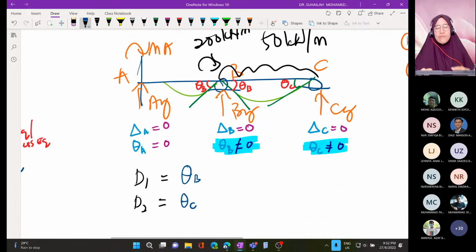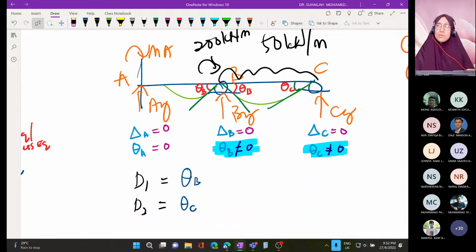So whenever you establish the stiffness equation first, and then you want to solve D1 and D2 in beams, if we refer to beam like this, we are actually determining rotation at B and at C. Dekat roller ada rotation.